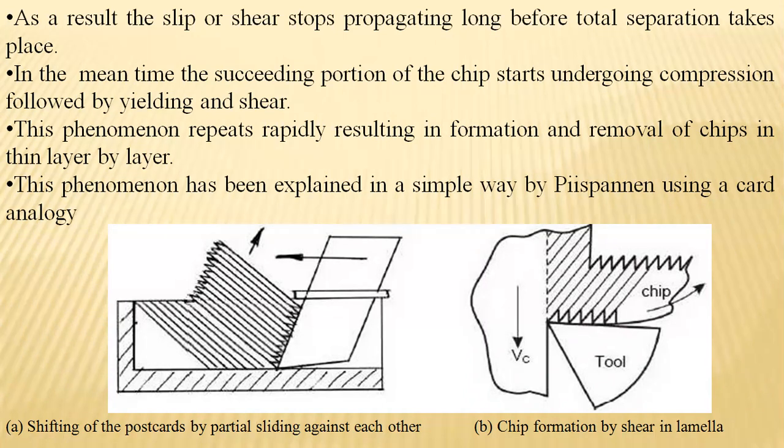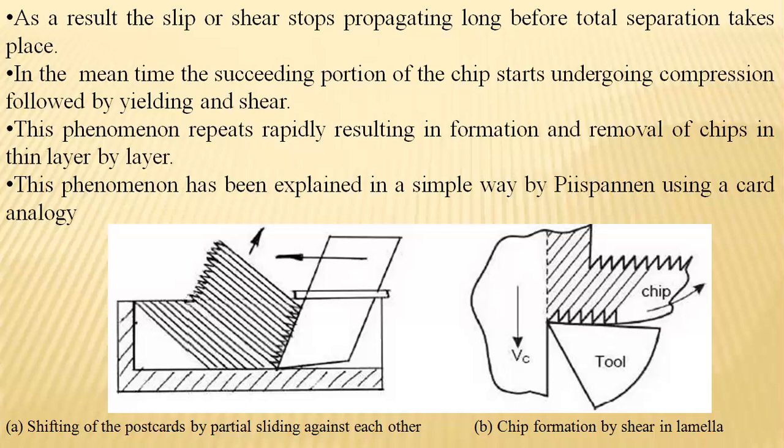And this is the basic phenomenon that exists for removing the material, that is, the chips elevated from the parental material, to get the desired geometrical specifications of the work part.